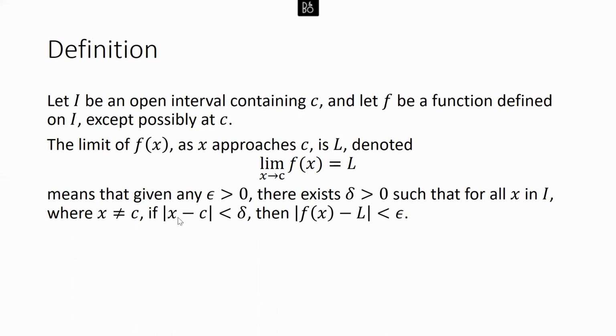Basically, what this is saying is that if you give me an epsilon, I can find a delta so that every x within a tolerance of delta of the number c forces my outputs all to be within a tolerance of epsilon from my limit L. So if you give me any tolerance on my outputs, I can find a tolerance for my inputs, which is bounded by delta.